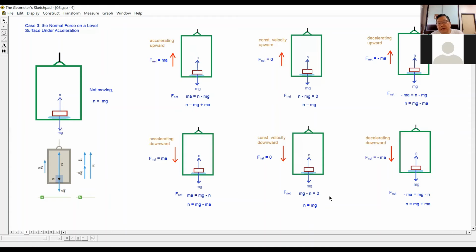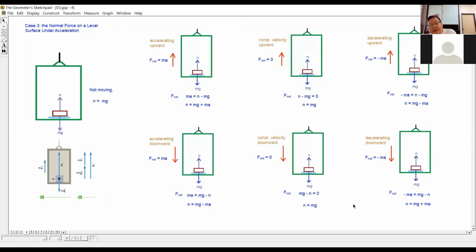So the net force is mg minus N. But we are moving with constant velocity. According to Newton's first law, for constant velocity the net force is zero. So we equate mg minus N with zero. When we make N the subject of the formula, we notice that N equals mg.